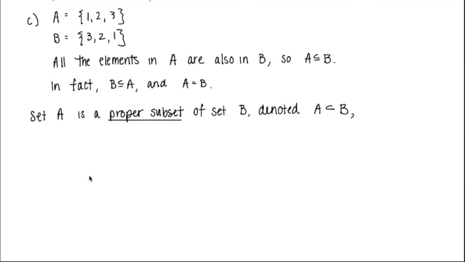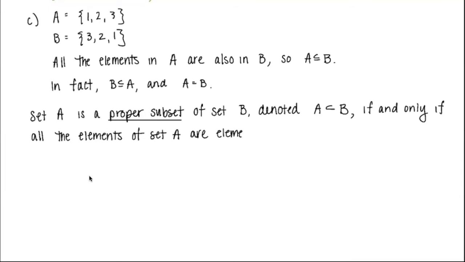So it's denoted in this way if and only if all the elements of set A are elements of set B, and A is not exactly the same as B. Okay.